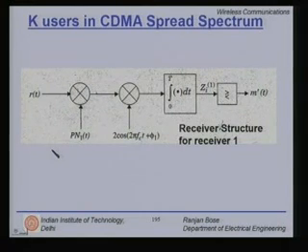How does the receiver look? Let us talk about just receiver number 1, which sees a summation of all the various messages, spread differently by different PN codes, added together with a delay.